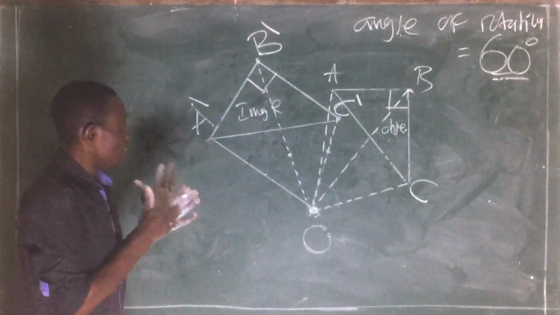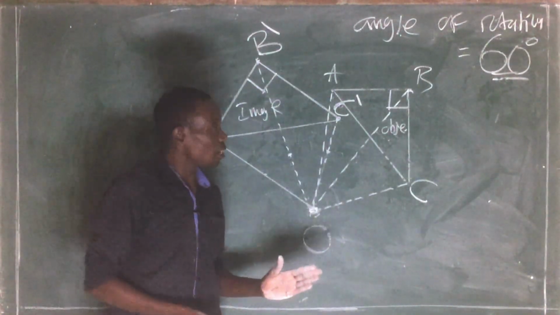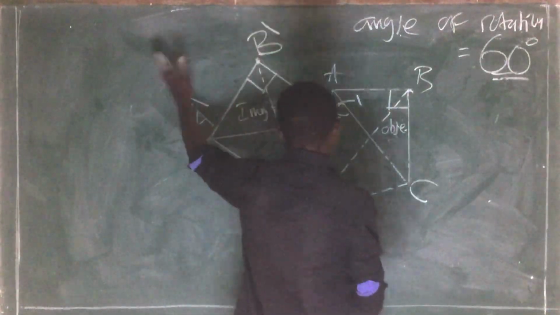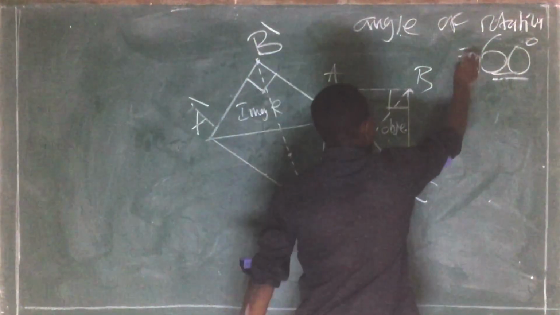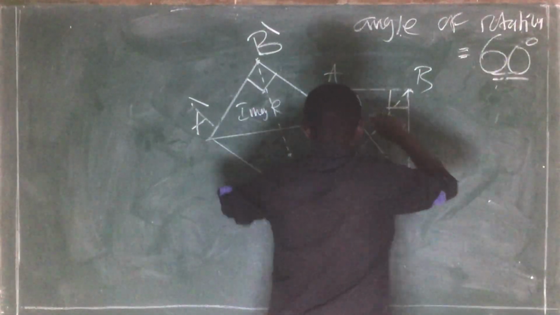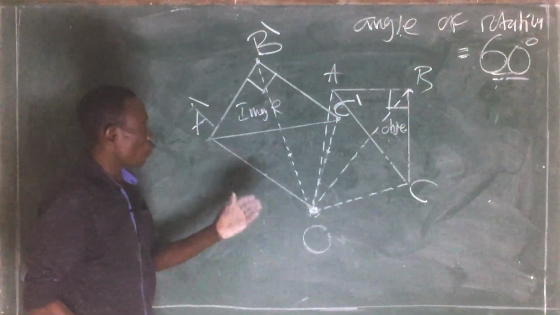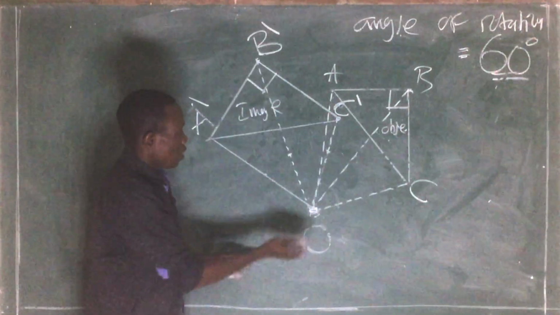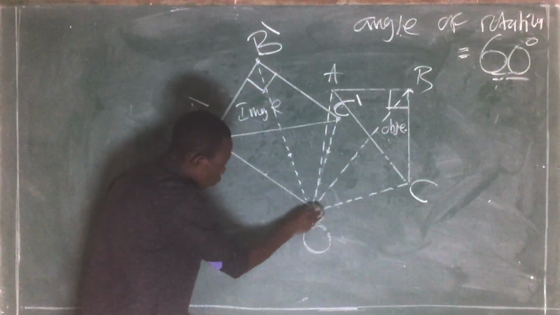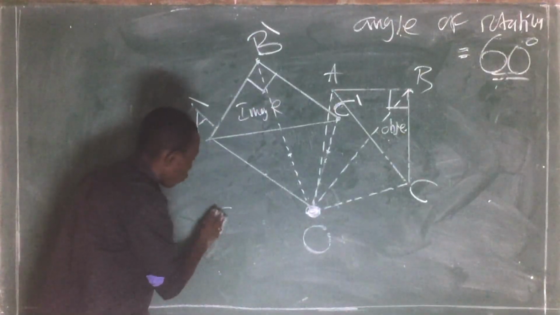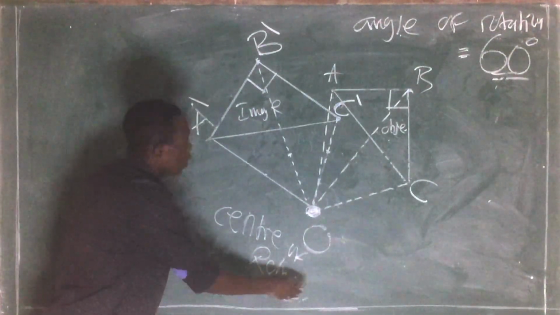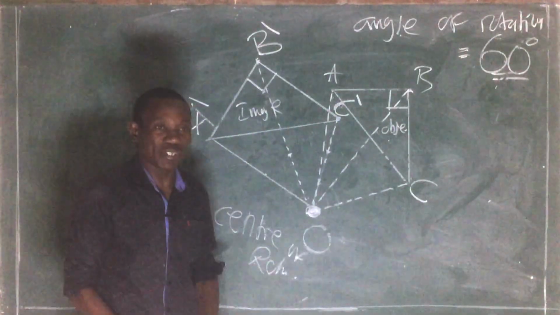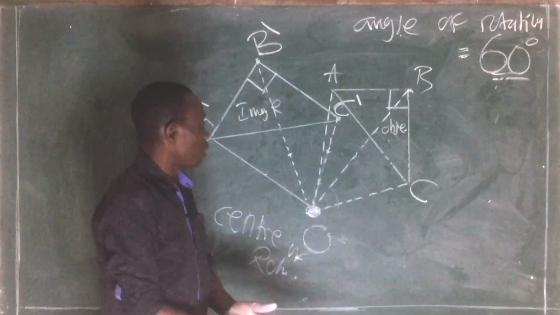So this is the way we rotate an object. The object here has rotated anti-clockwise because the angle here is 60 degrees. So this one has been rotated through an angle of 60 degrees. The center of rotation is the center O. So please revise, because an exam can have a question about rotation here.